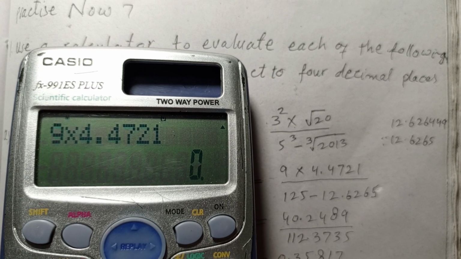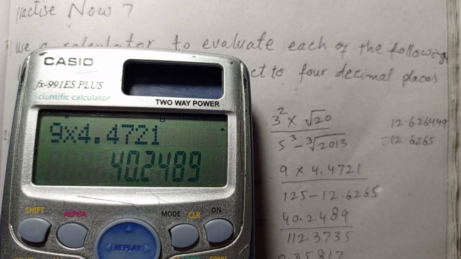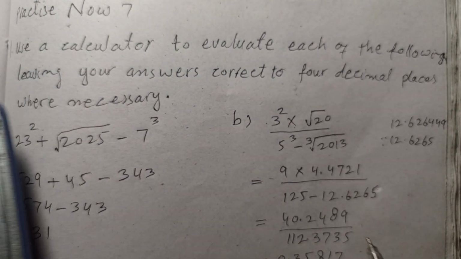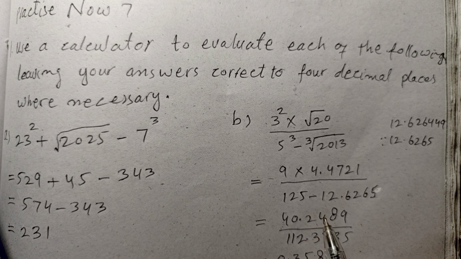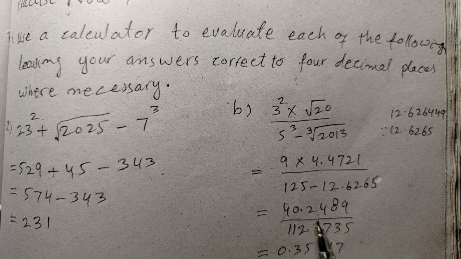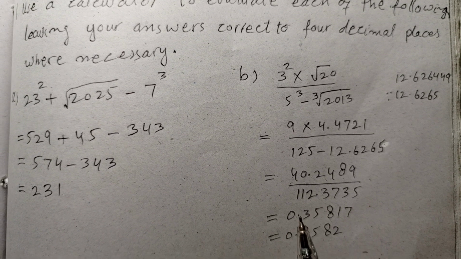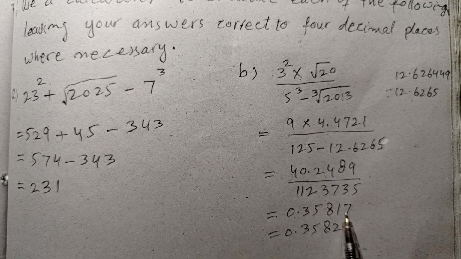You will get the answer by pressing the answer key, that is 40.2489, which is written here, and in the denominator you will subtract 12.6265 from 125 and you will get 11.3735. Now you will divide this number by this number and you will get this answer.